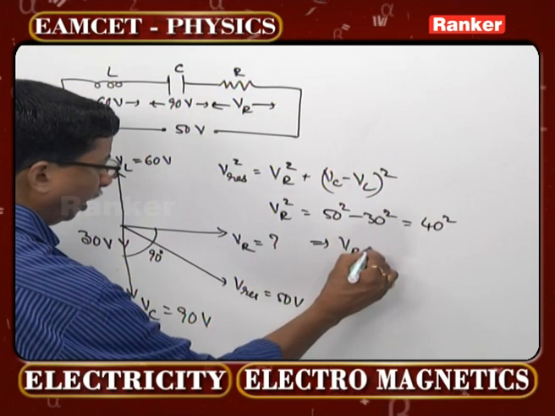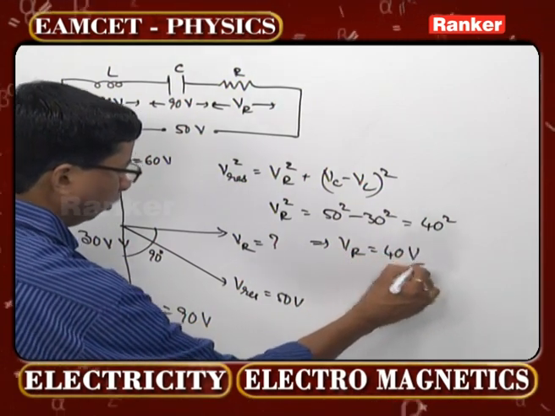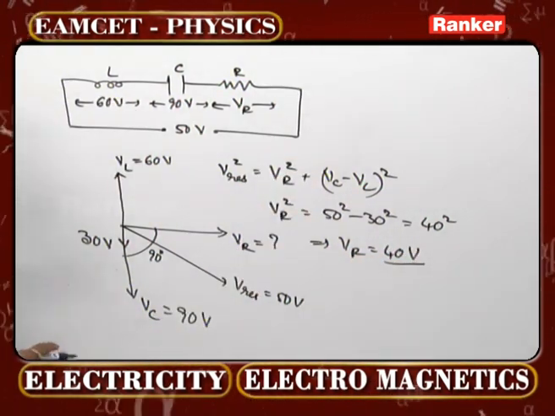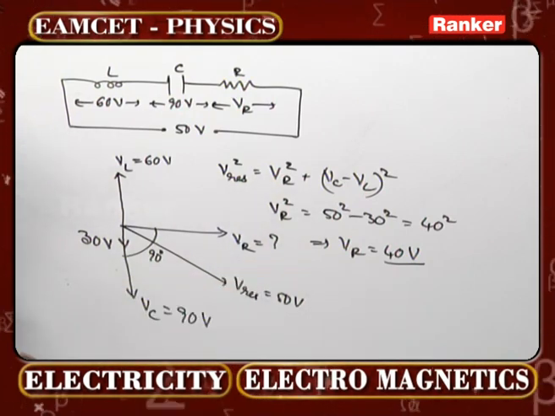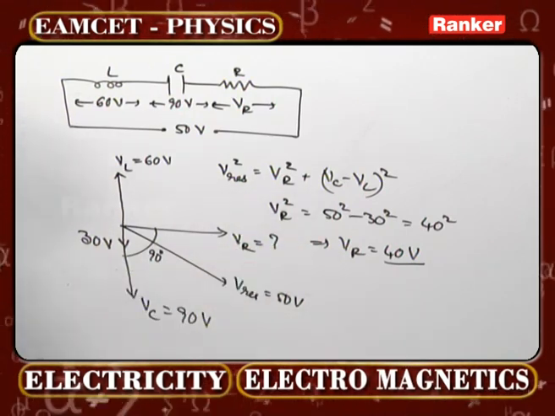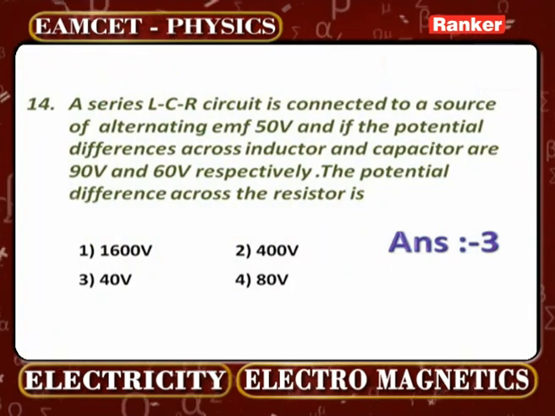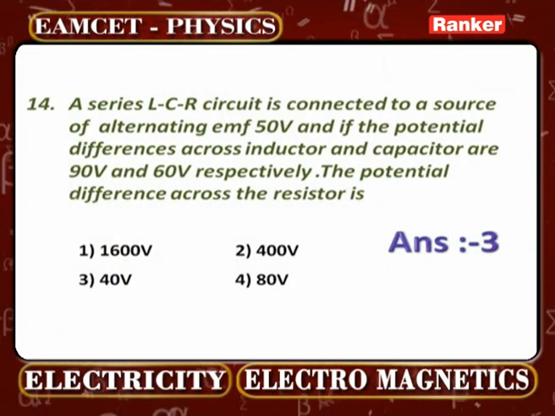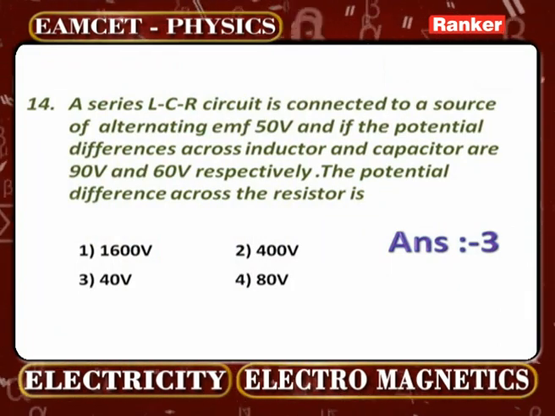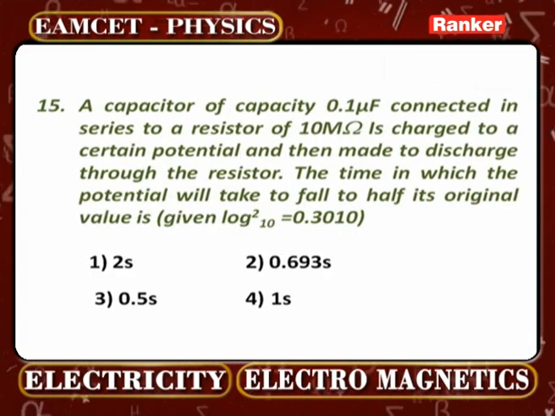Then what will be VR? Automatically you will get root of 40 square, which will be 40 volt. 40 volt means which option is correct there? The third option is going to be correct for this question number 14. Right? Look at the next number, problem 15.